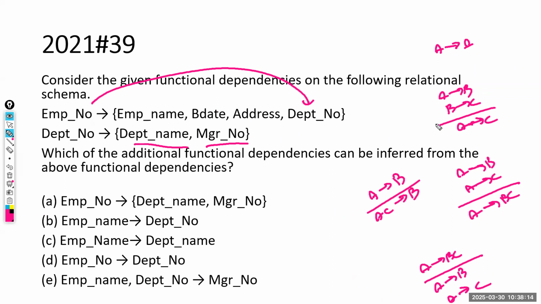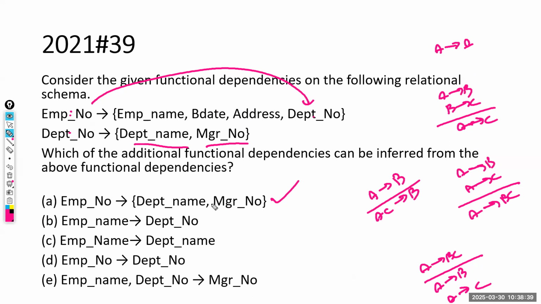So that means if A determines BC, A determines B. Therefore, employee number determines department number. And department number determines department name and manager number. So therefore, this is correct, right? Because this determines this and this determines these two. So therefore, this determines these two.